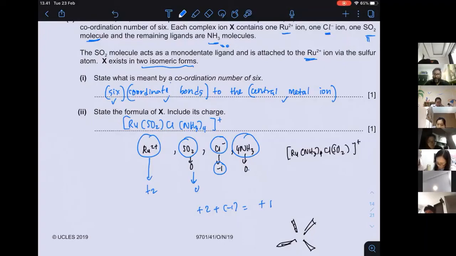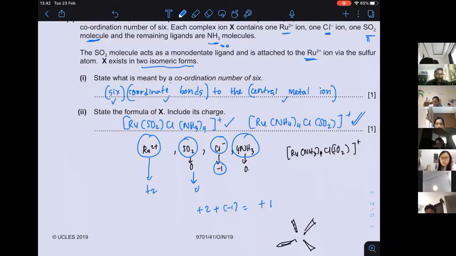If you are wondering whether it matters if I write it like in the marking key, Ru, then after that ammonia, they put 4, and then they put Cl, then they put SO2, in brackets, like this. Now it depends, it's relative. If I'm examining you, I will give you this correct, but the correct way to write this is going to be this one.